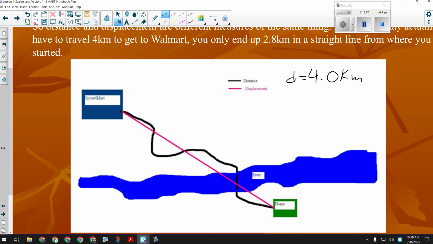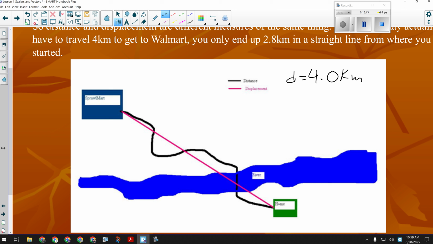If I look at this from a vector point of view, the vector point of view only cares about how much and in what direction did I change my position. So where am I now in relation to where I started? That's what vector looks like. So the pink line is the vector description of this trip.